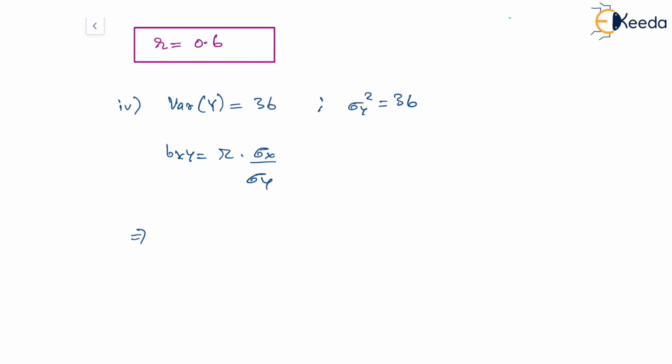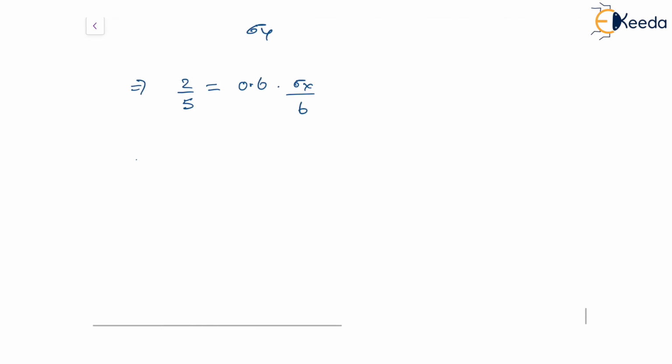So bxy, which we have already found to be 2 over 5, r, which is 0.6, sigma x, which we have to find, and sigma y will be equal to 6, since sigma y square is equal to 36. So with this, 2 over 5 times 6 over 0.6 will be equal to sigma x, which is simply 4.